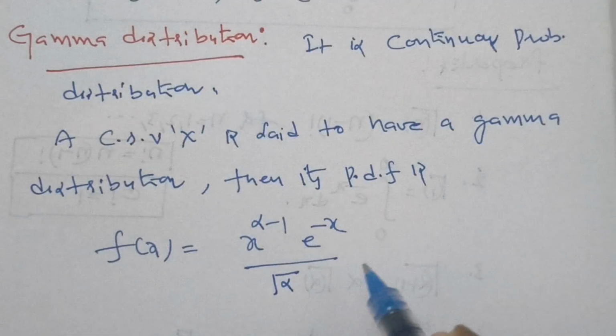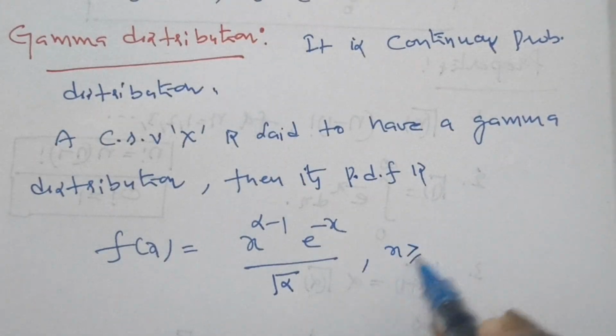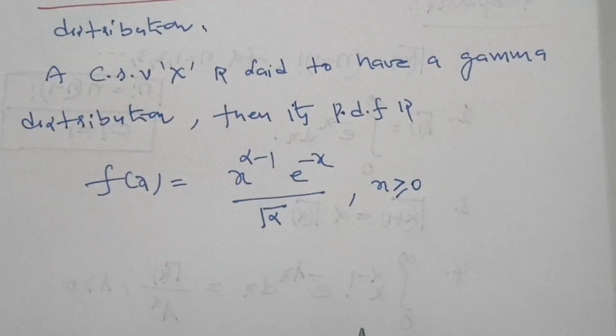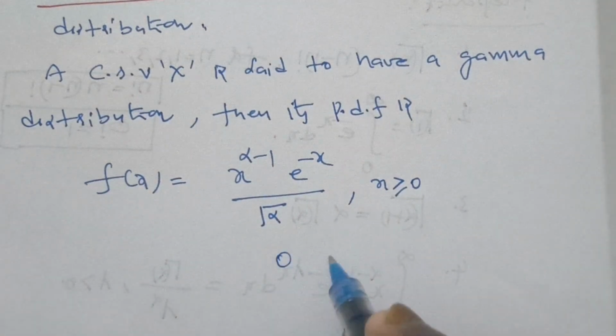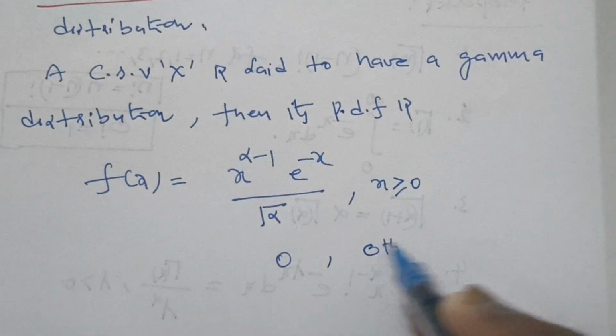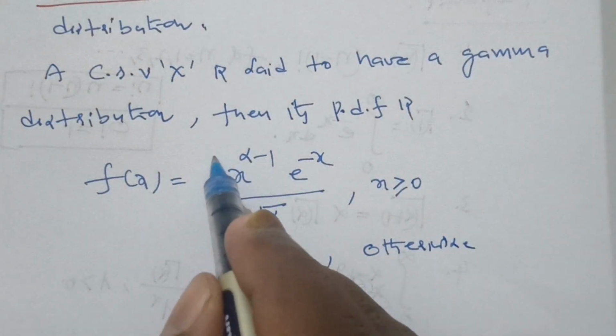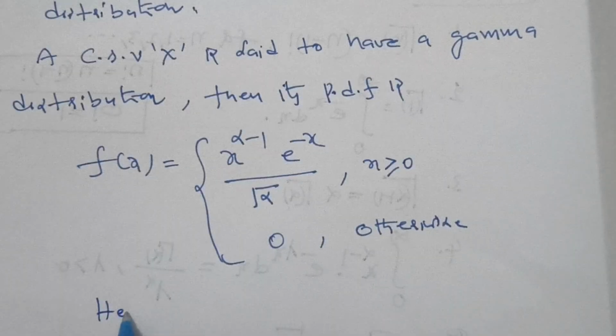This is the PDF value when x is greater than or equal to 0. Otherwise, f of x is 0. This is the probability density function for the gamma distribution.